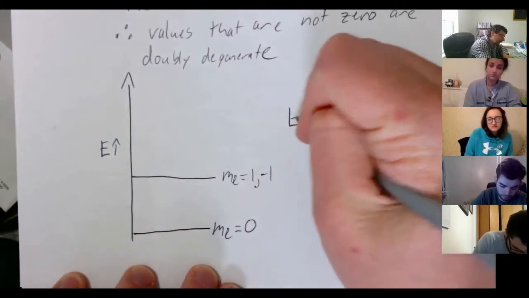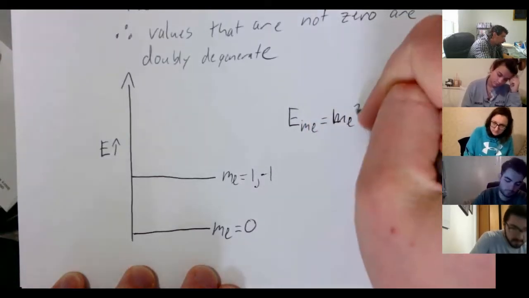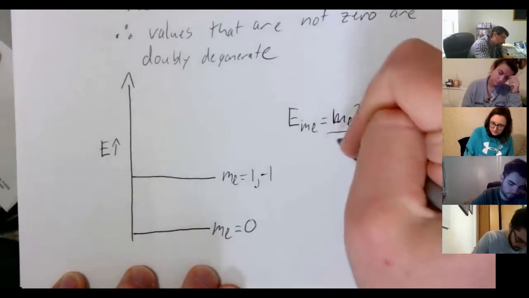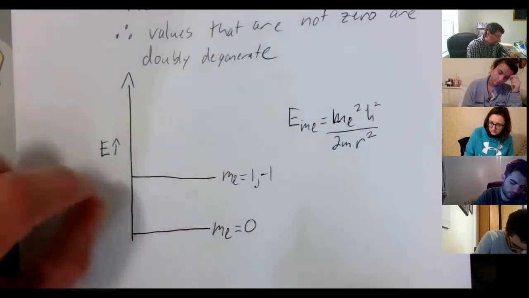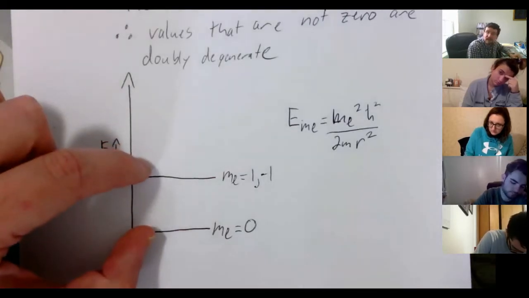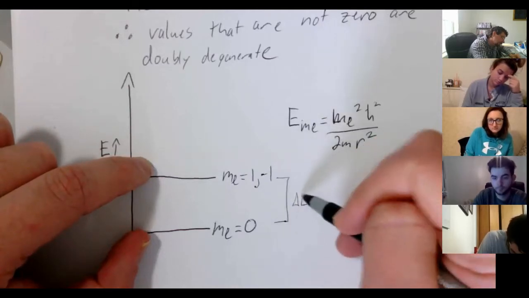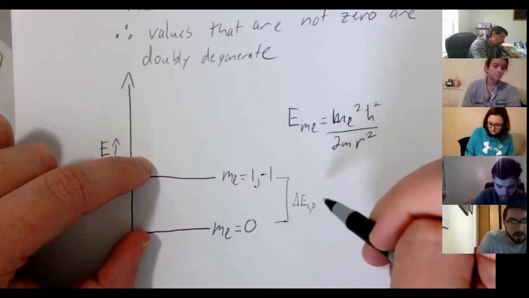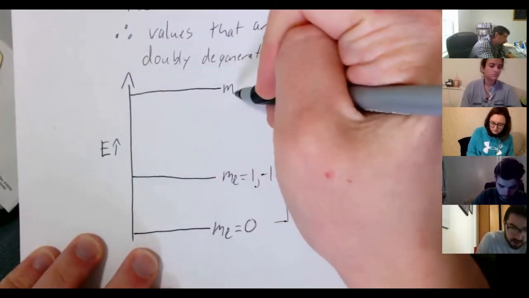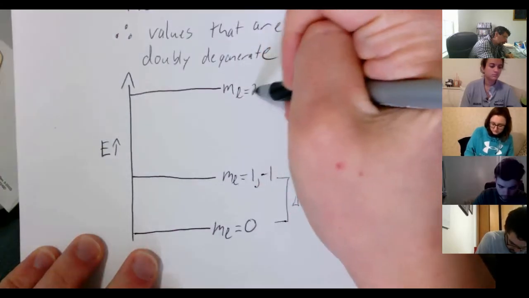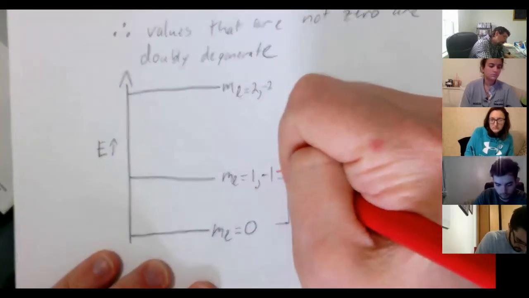But now the question we want to ask is what about that spacing? It's going to be squared spacing. So note, it's not going to be the same delta E, let's say from 1 to 0. If we draw another one, with M sub L 2, -2, the spacing is going to grow much bigger.